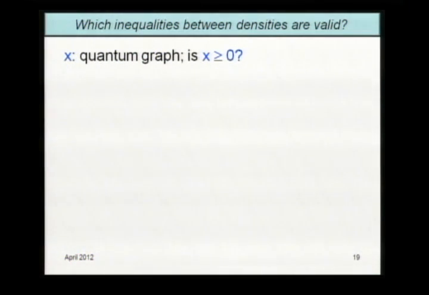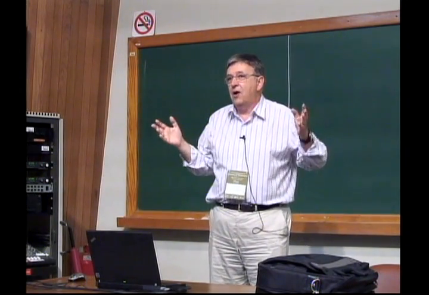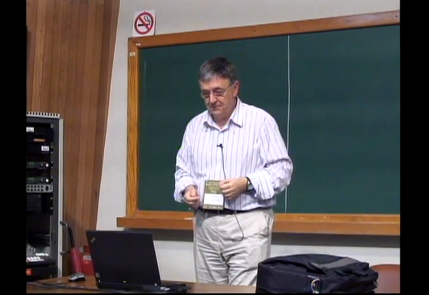So suppose you come to me and say, I suspect that 5 times the edge density minus 13 times the triangle density plus 45 times the density of 5-cycles plus 17 times the density of Petersen graphs is always non-negative in every graph. And now I am supposed to answer you yes or no. Is it true or is it not true?